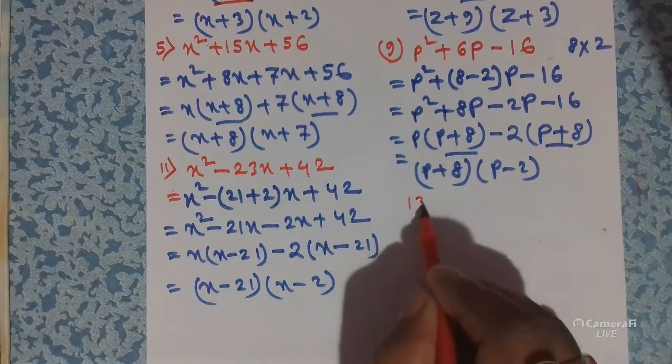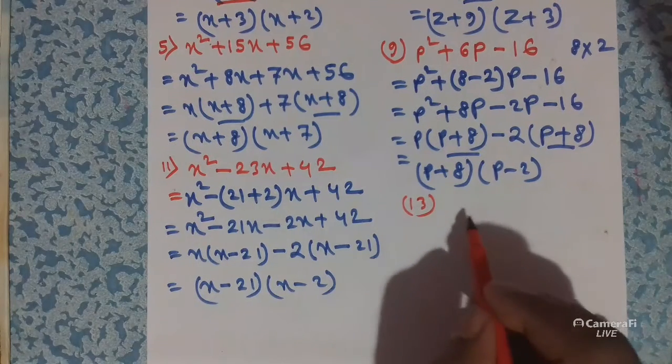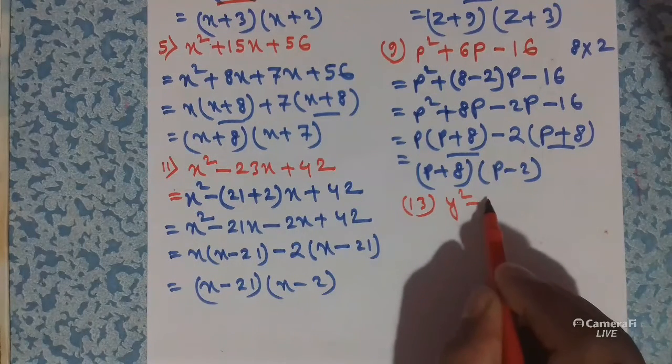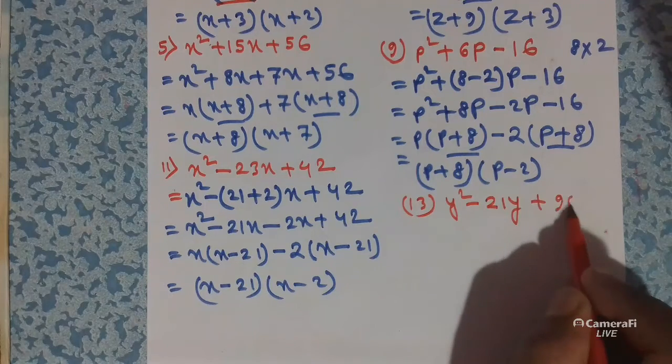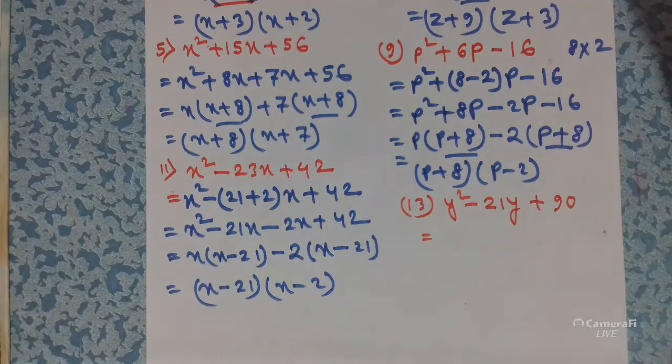13. Y square minus 21y plus 90. So for this problem we can choose two numbers. 90 can be taken as 15 multiply 6.